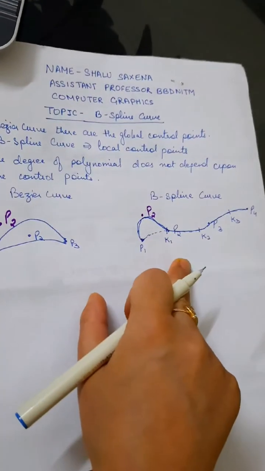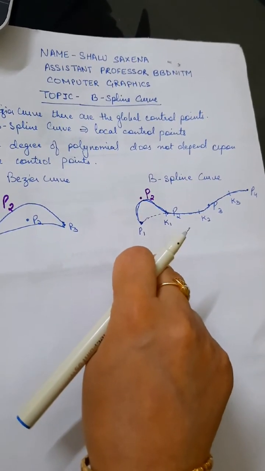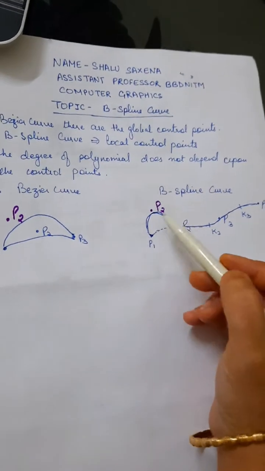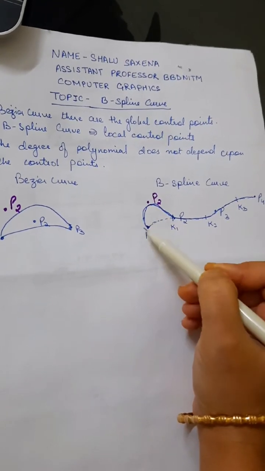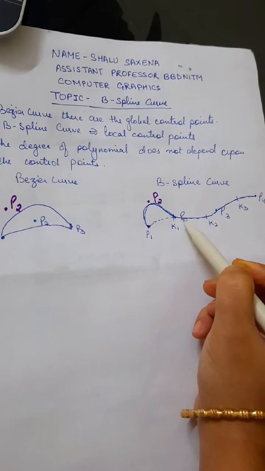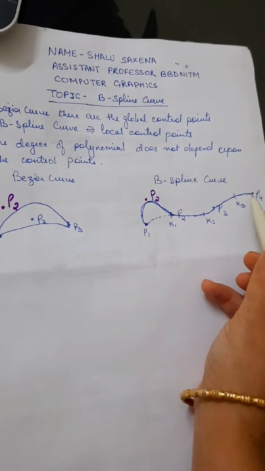So this is the difference between the Bezier curve and the B-spline curve. As we are taking the knot vector in the B-spline curve, the position of the point which comes under the knot vector, only that part of the curve is changed, and the whole curve is unchanged.